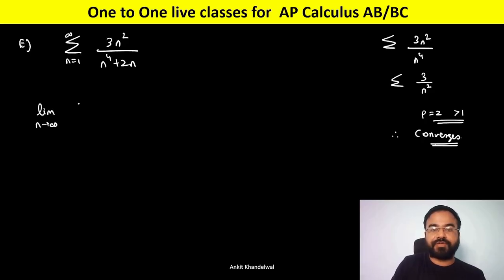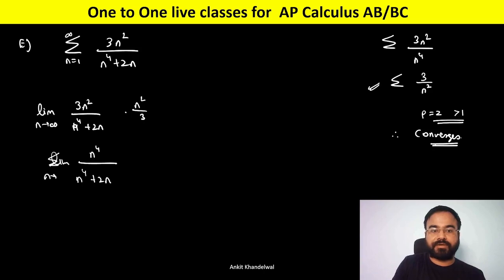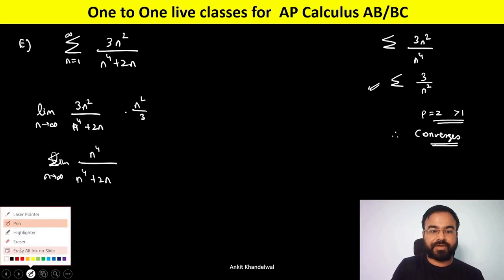Limit n tends to infinity an, that is n power 4 plus 2n, divided by bn. Bn is 3 upon n square, the simplified version. So it will become n square upon 3. 3 again gets cancelled, and it will become n power 4 upon n power 4 plus 2n. And it says limit n tends to infinity.